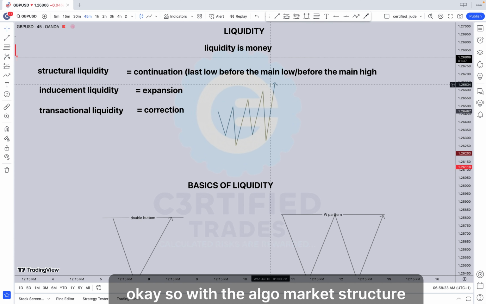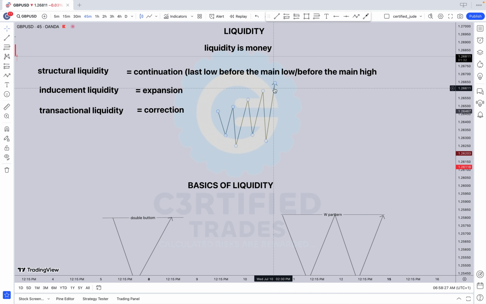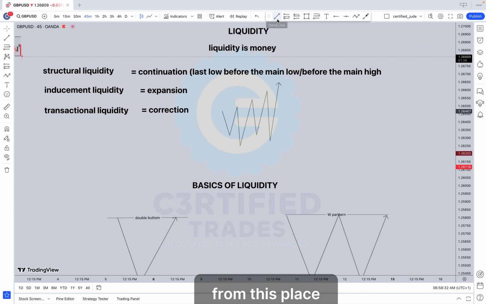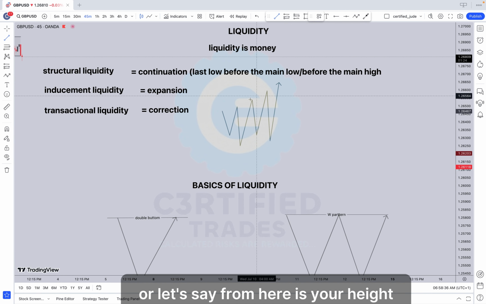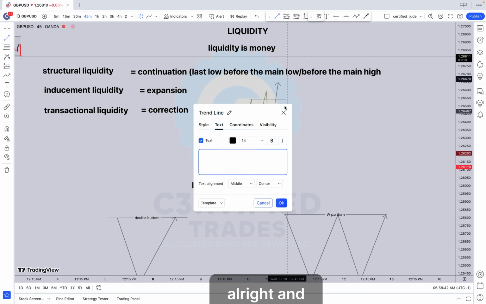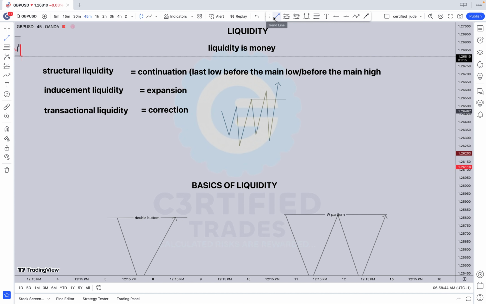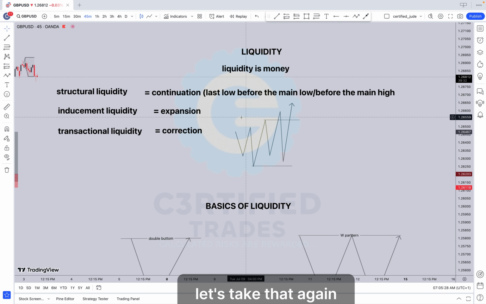With the algo market structure, let's say from here is your high, and this is your low. Let's take that again.